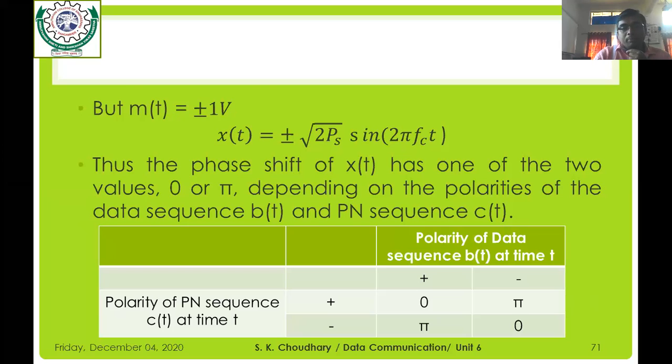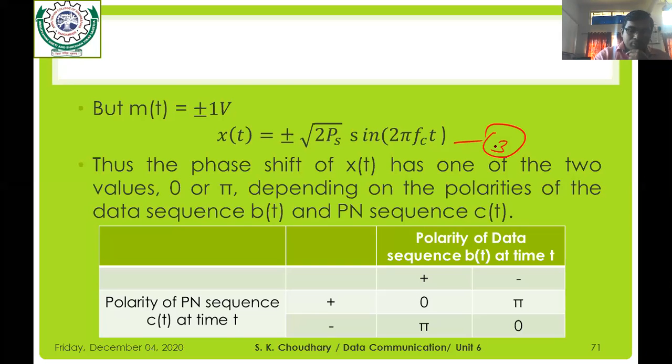You can see here m(t) is ±1, and x(t) is also plus or minus, because its phase varies between 0 and pi depending upon the polarity of the PN sequence at time t. If the PN sequence is positive and at the same time the data signal is also positive, the phase shift is 0. If both are in opposite polarity, then the phase shift is 180 degrees. So depending upon the polarity of the data signal and the PN sequence, the total phase shift of x(t) is decided. In this way, we can define the DS-BPSK signal.